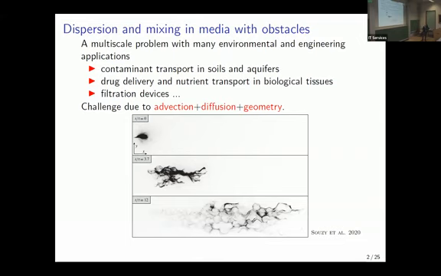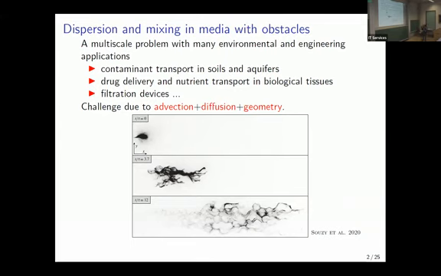And the challenge is great because you don't just have advection and diffusion, but you also have a complicated geometry, which poses problems to both theoreticians and numerical analysts, as well as for experimentalists, because it's not very easy to view the sort of situation inside, let's say, a porous medium inside the soil. It's very difficult to visualize it.